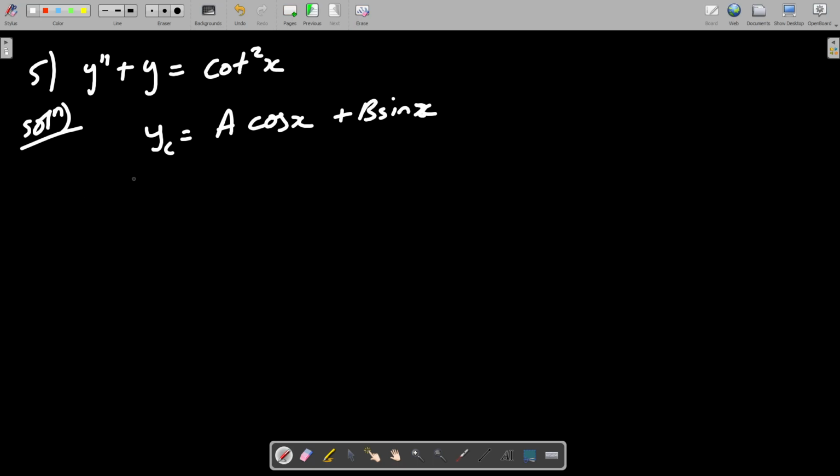Okay, so yc is this. So y1 was cos x, y2 is sin x. We are also seeing that the Wronskian for this problem is 1. So I'm just using the things which I have already calculated in the previous problem.